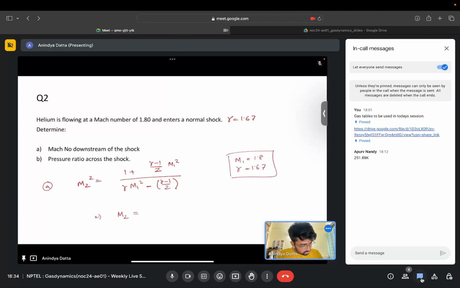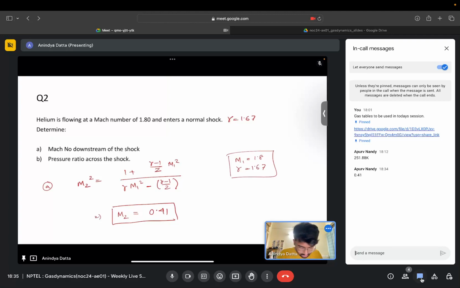Did you compute the value of M2? Yes, so we'll get a value of M2 square as 0.41.